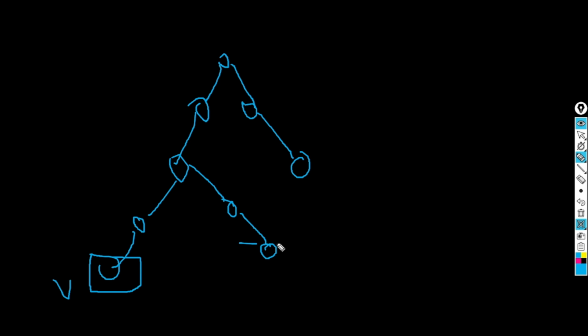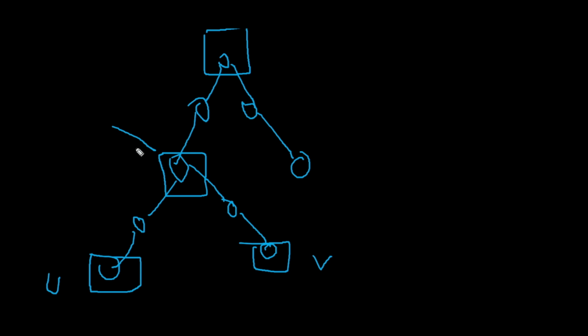Suppose we have something like this and we are talking about node U and node V, and we are talking about the LCA of U and V. It can be this, it can be this, but we are talking about the lowest common ancestor, so it is going to be this.